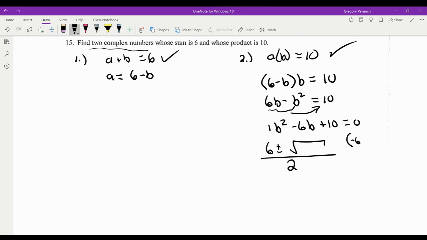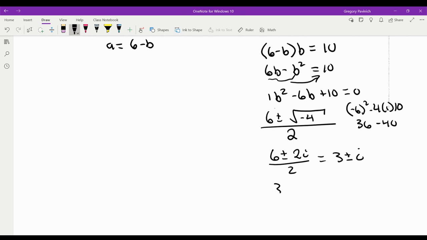And then I'm going to do B squared minus 4AC. I get 36 minus 40, which is negative 4. Square root of negative 4 is 2i. Divided by 2. And so what should my two numbers be? It's 3 plus i and 3 minus i.